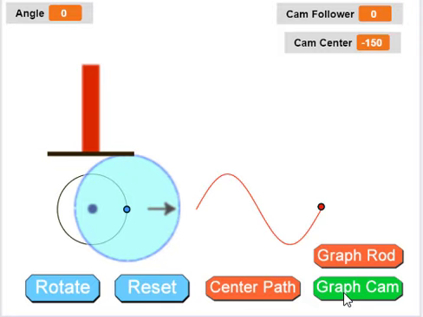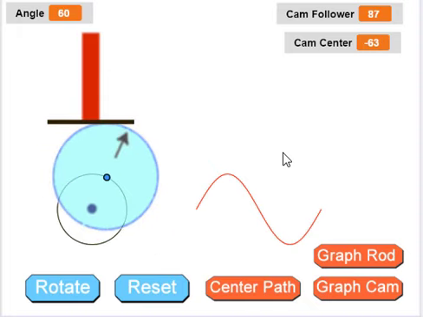Now, we could also observe that the separation between the position of the cam follower and the cam center below it is always 150. So when the cam follower is at 0, the cam center is at minus 150.